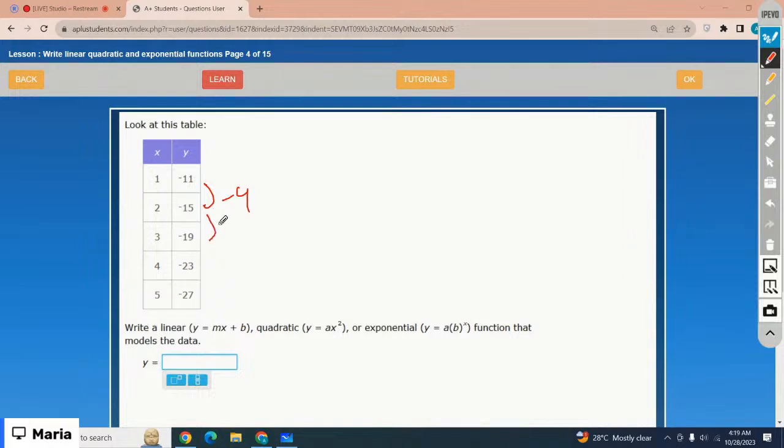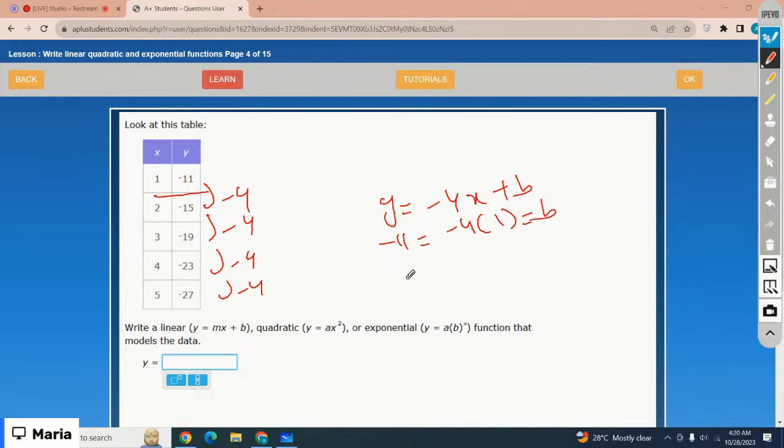Yes, that is a linear equation, right? So that would be y equals negative 4x plus b. Just put any pair of values and calculate the value of b. I put this one, negative 4, 11. So b equals 11 over 4.